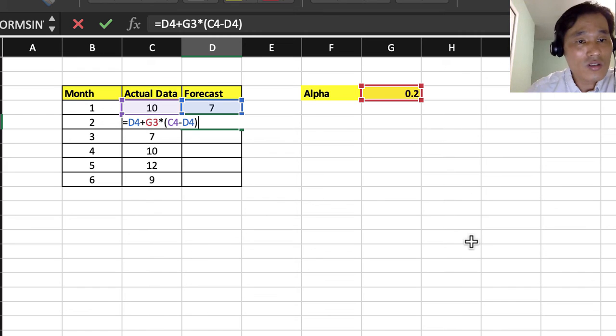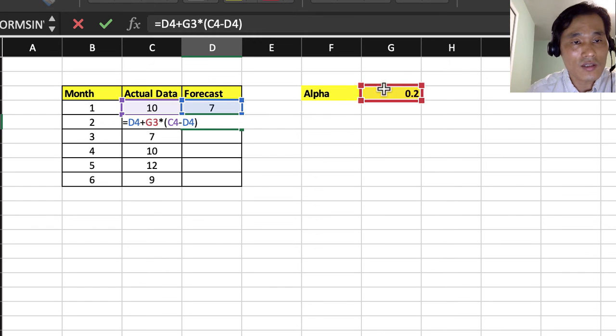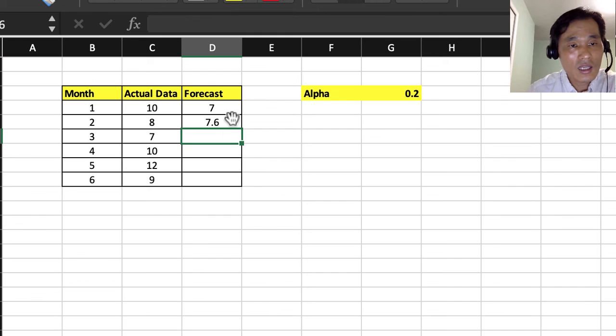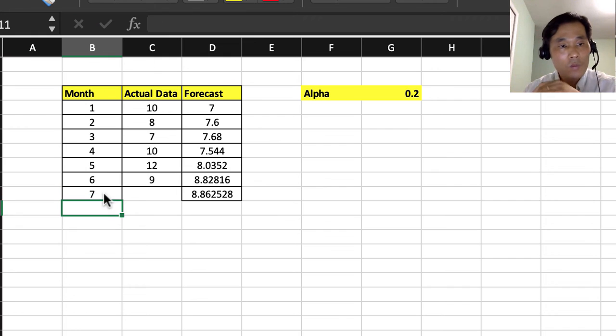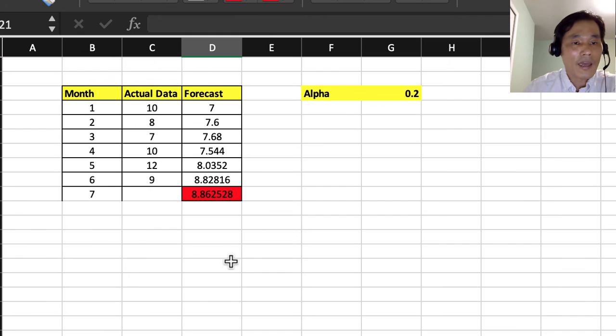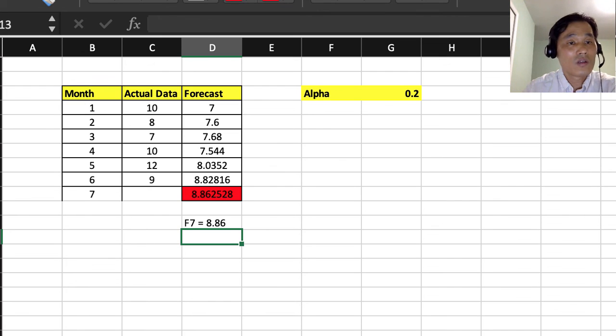Once you do this formula, the only thing that you have to do is make alpha an absolute reference because it does not change although you drag it down, and copy that down like this. And the answer we find for period 7 is F7 equals 8.86 when you are using exponential smoothing method.